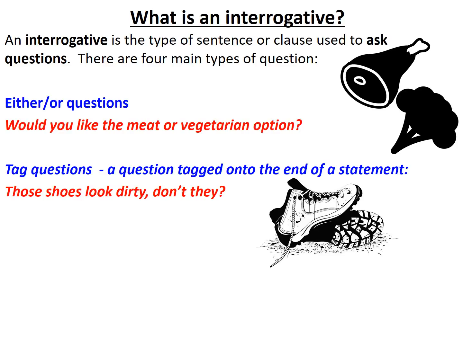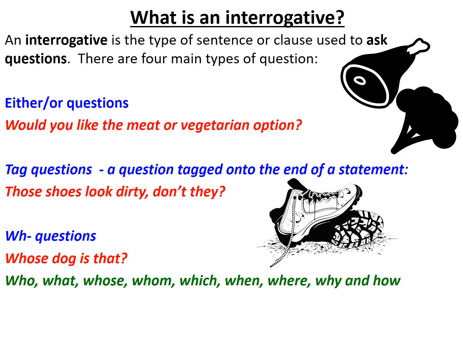The next category of questions is genuinely called the "wh" question. Now there are huge numbers of words that fit into this category that we'll consider in a moment, but it could be a question as simple as, whose dog is that? The wh questions are words including who, what, whose, whom, which, when, where, why, and how, which doesn't actually begin with a wh.